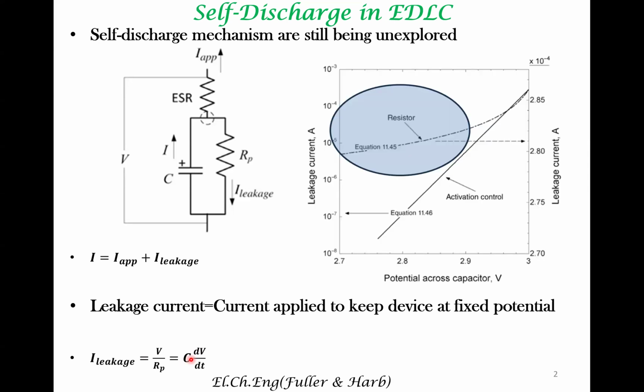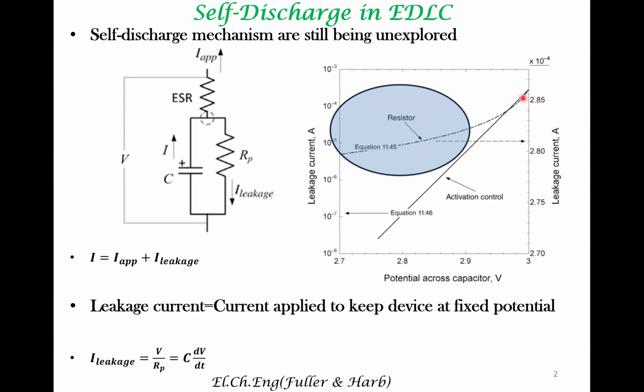There are two different models. One is shown in this slide. This is the way to think about leakage current, and corresponding to this equation, you have this behavior. Note along the y-axis, the leakage current is plotted in a linear fashion, and the x-axis is the change in voltage.